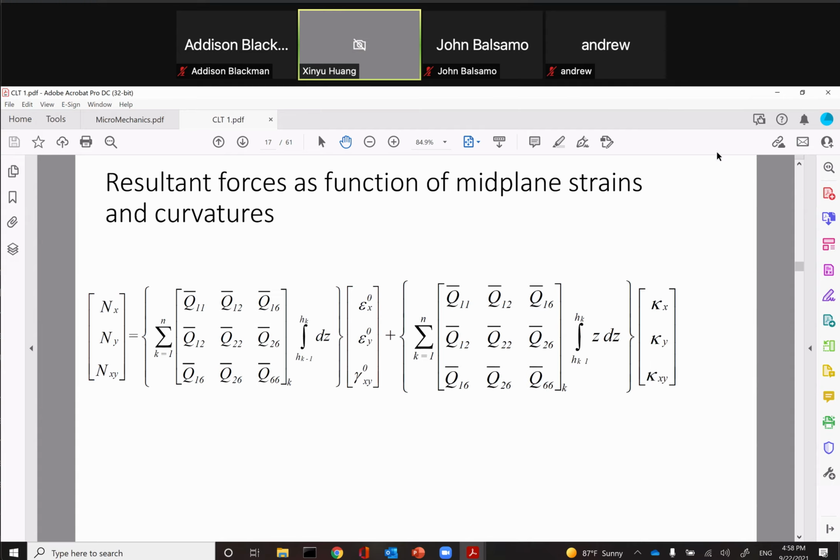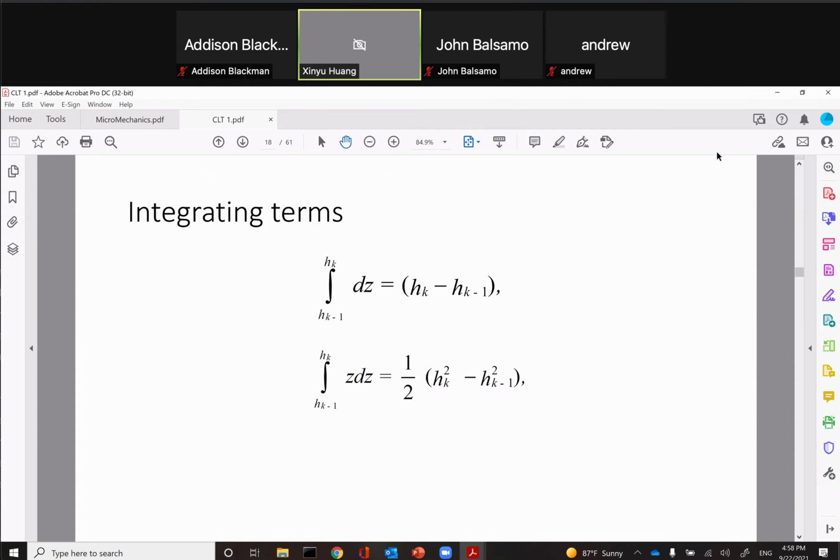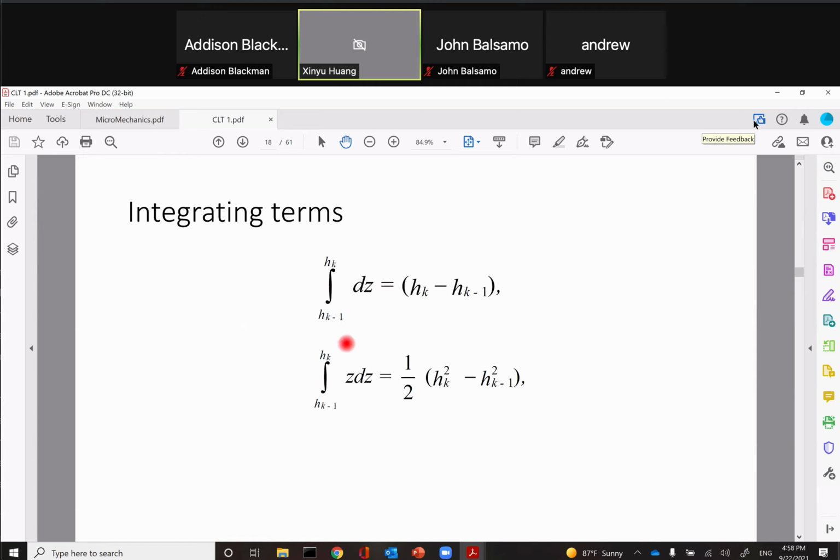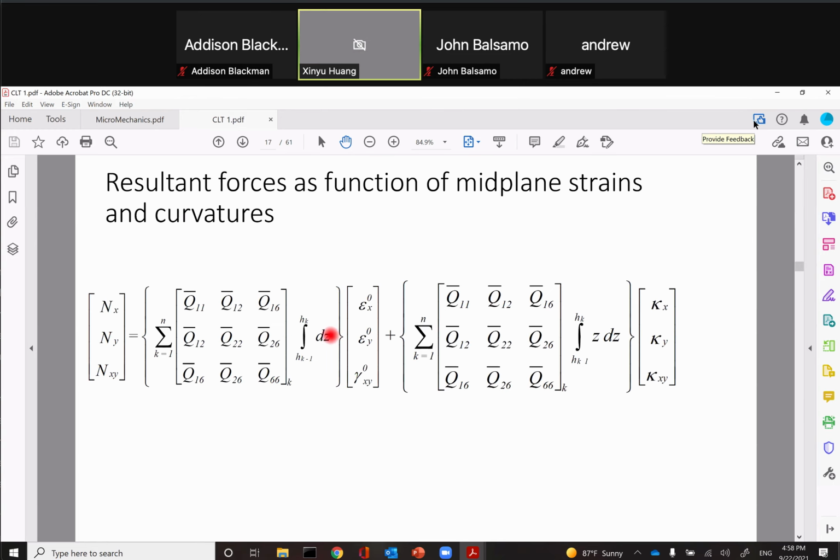And then you can define these terms. That's the thickness. This is this term. And the overall calculation becomes this. You absorb the z terms, integrate the z term with Q. You put these two together. This integrated z term and Q together become a matrix, and this together becomes a matrix.